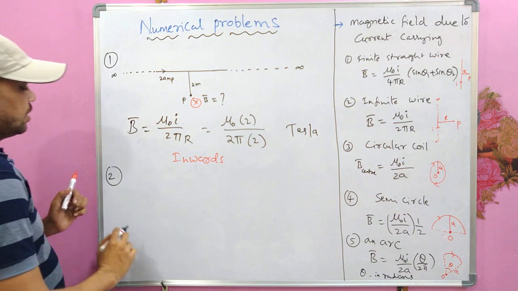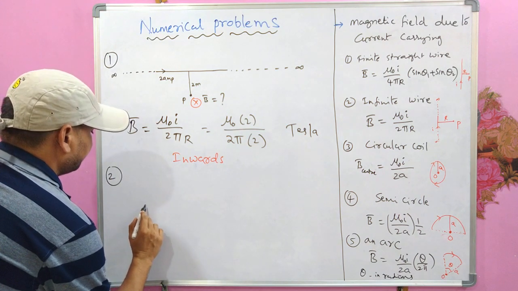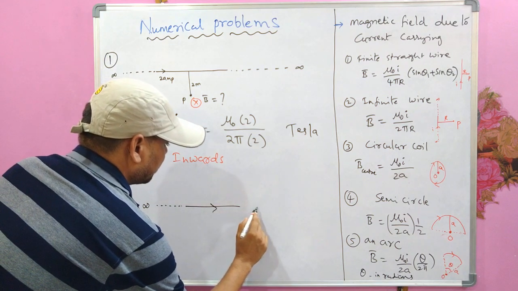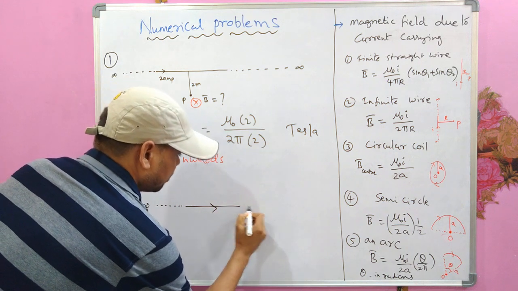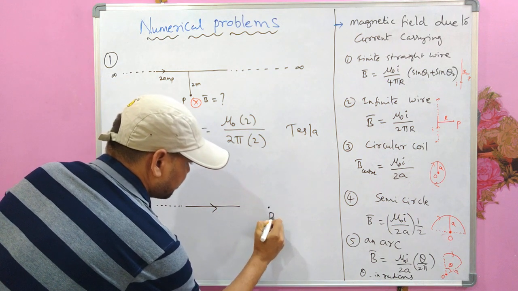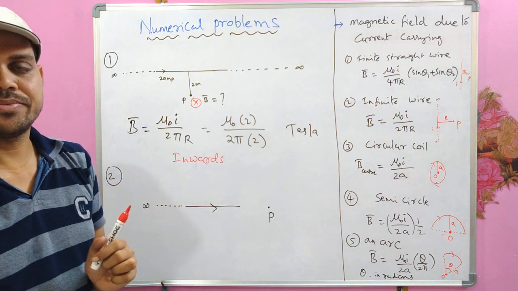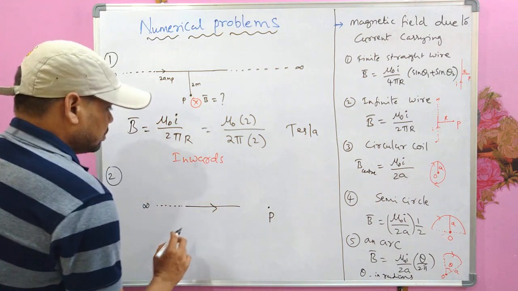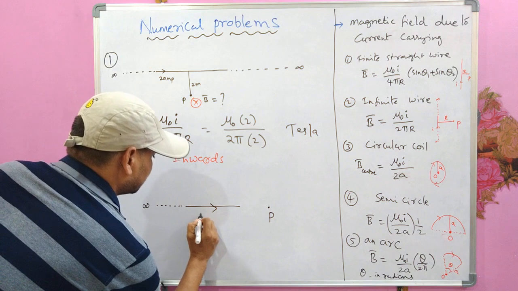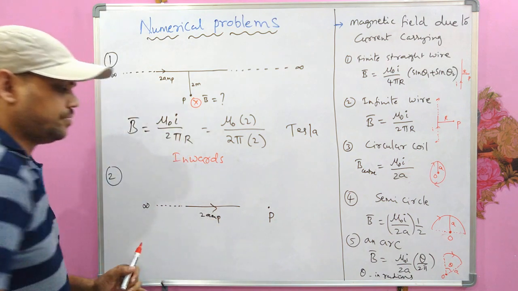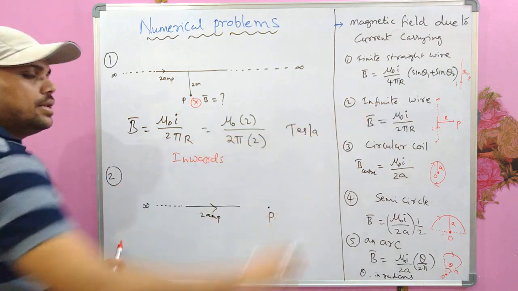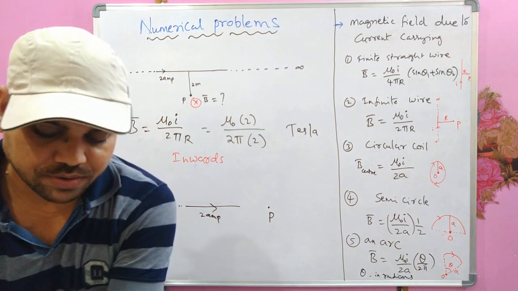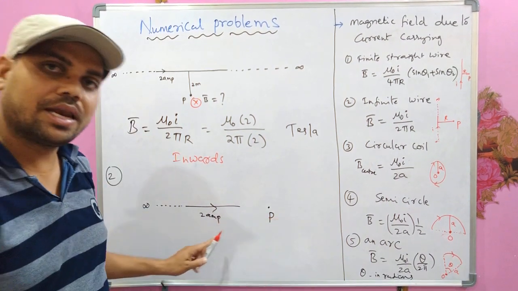Number 2, if I want to calculate the magnetic field, this is a semi-finite wire, so I am just taking a point P here. Where is P here? That is P. So how to calculate? For example, if this is carrying some 2 ampere current and P is on the line of current carrying semi-infinite wire, so for this what we have to do, the P is on the line.